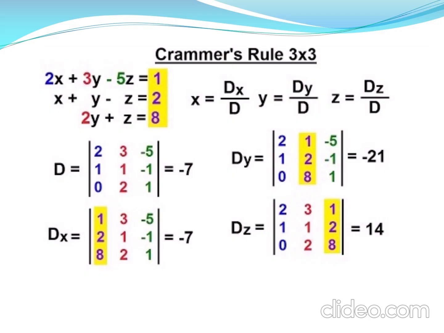Similarly, if you want to find y, you need to find dy. Here the second column of the main matrix is replaced by the right hand side quantities, that is 1, 2, 8, and you have to find the determinant. And the values you will get are x equals dx by d, y equals dy by d, like this.